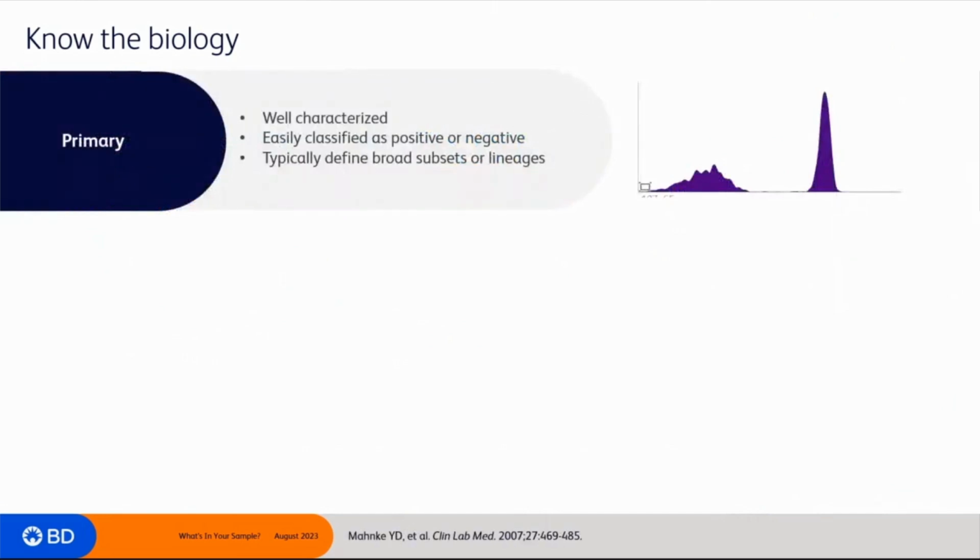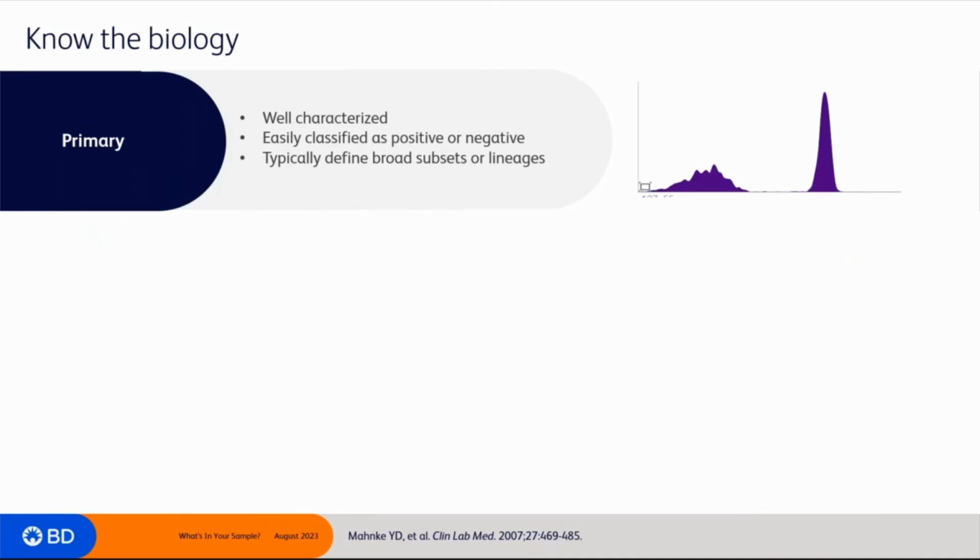Once you know which antigens you are using, you can then classify them based on expression. Primary antigens are expressed at high levels, and cells are often either positive or negative for these markers. So these are the easiest ones to gate on.